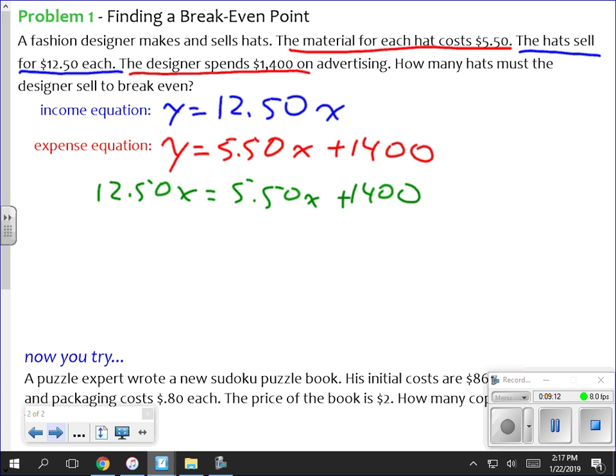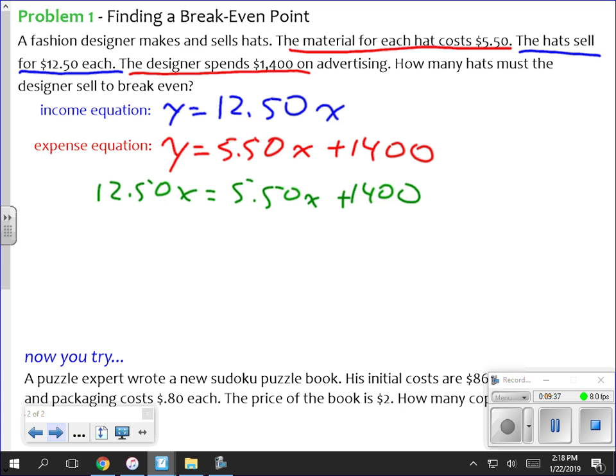That's actually substitution. But also it makes sense. Your break-even point is where your income equals your outcome. How much money you're bringing in equals your expenses. That's what I have here. The money coming in from hats equals the money going out to make the hats and the advertising. When those numbers are equal, I've broken even.